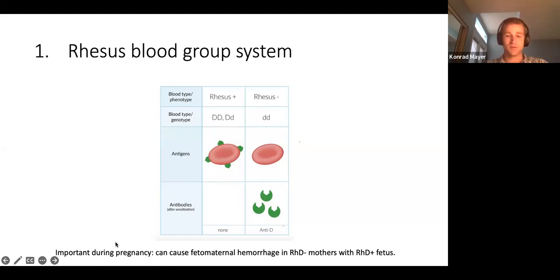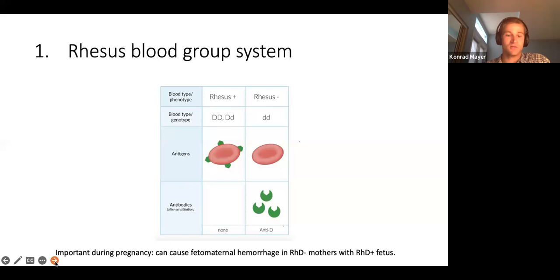If there are any questions about this, we can talk about this more later, but these are the fundamental compatibility structures that need to be considered when thinking about blood transfusion, and lots of very important reactions happen when these are not considered carefully.